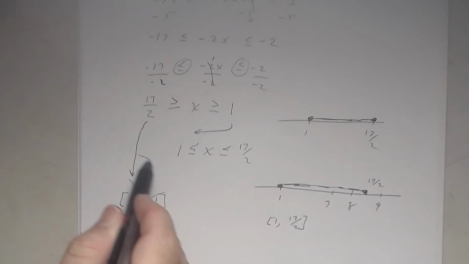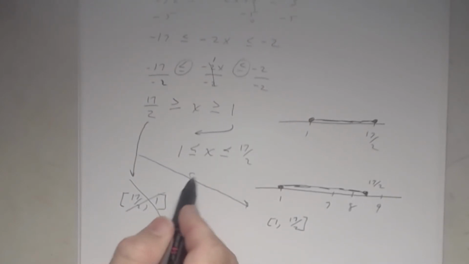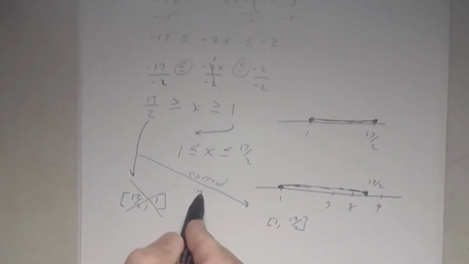That's incorrect. Because when you write something in interval notation, you always go from where? Small to large. Okay, here you go from large to small. All right, so that's incorrect. So this should be the correct answer, correct interval. This one's incorrect.